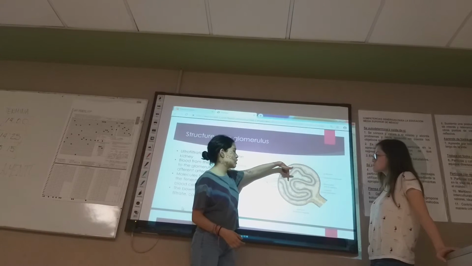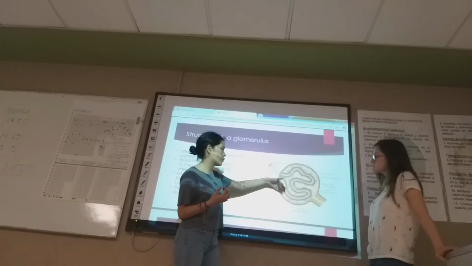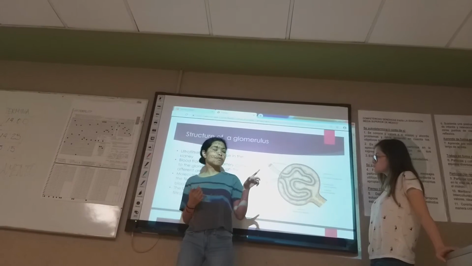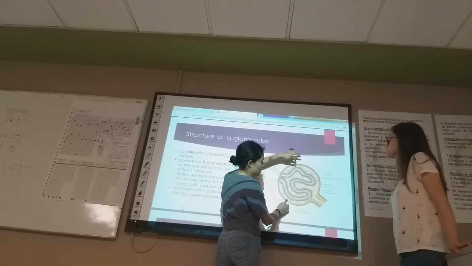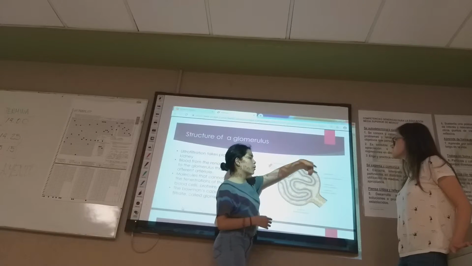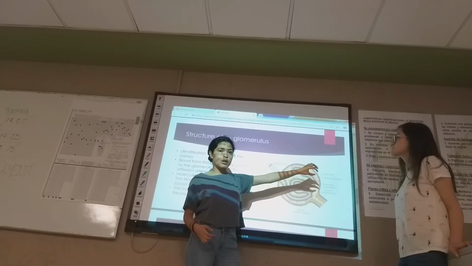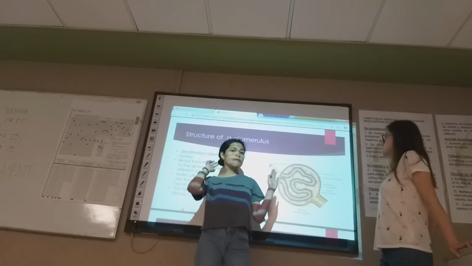What doesn't pass through the mesh-like structure of the labyrinth of the glomerulus goes out as the efferent arteriole. Here, surrounding the glomerulus, is the Bowman's capsule. And all that came out from the labyrinth of the glomerulus will now be called glomerular filtrate.